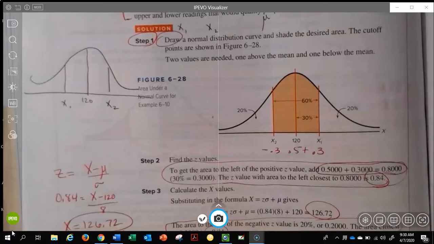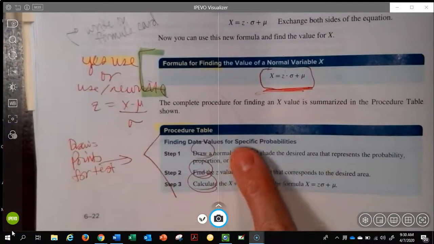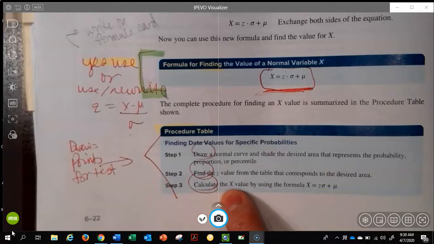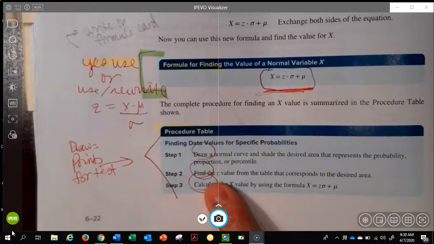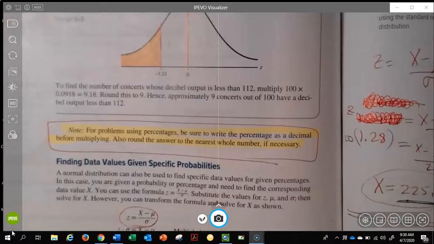But to do those calculations, back over here, at the bottom it said draw it. Let's go find some z values, and then we'll calculate the x values. Z values are going to be a little complicated, but again, you can start and stop this recording as much as you need to. So we just drew, and then we're going to look for z values that correspond to the desired areas.